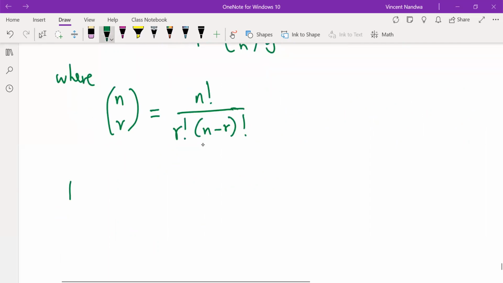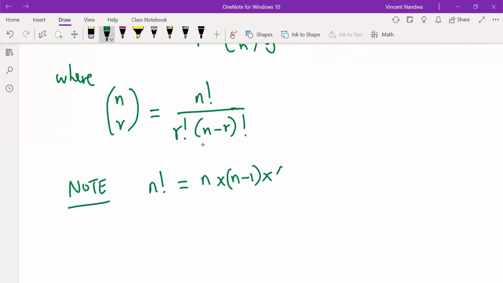So note that when we say n factorial, we mean n times n minus 1 times n minus 2 all the way times 3 times 2 times 1, where by convention, 0 factorial equals 1.